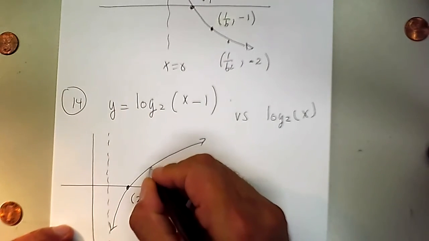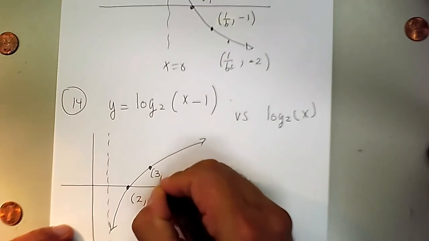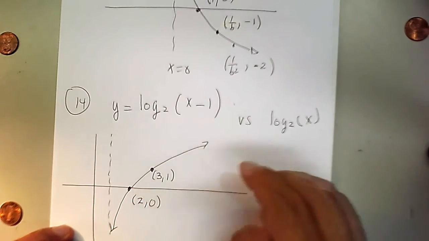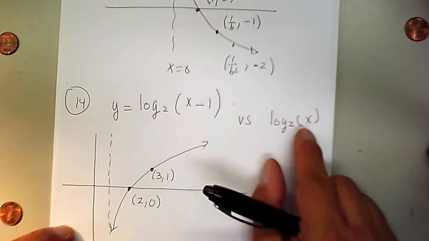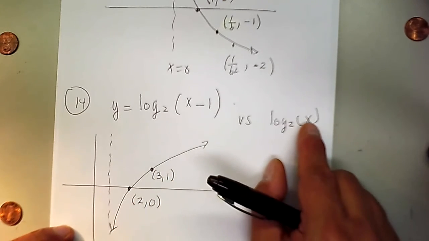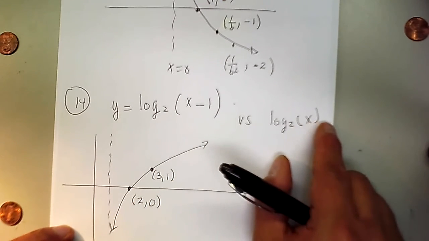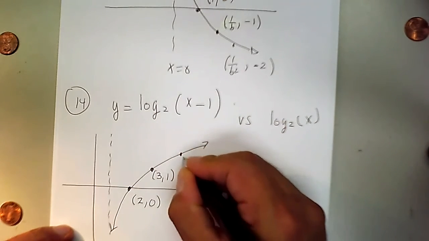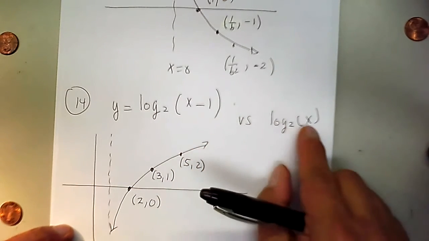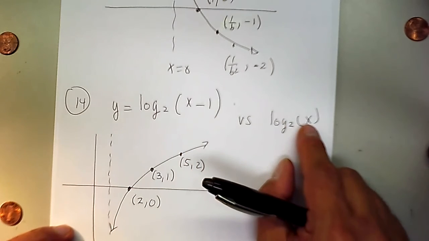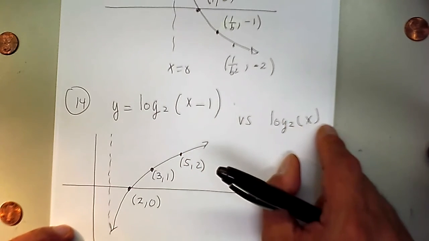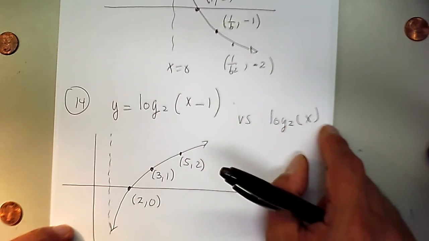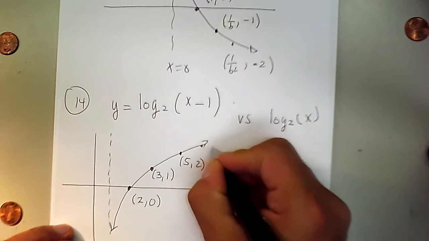So now if we are at 3, we have an output of 1. For this function, if the input is 4, the output is 2. But we're shifting things to the right, so now we are at 5. For this function, an input of 8 gives us 3, but we're shifting to the right, so now we need 9.